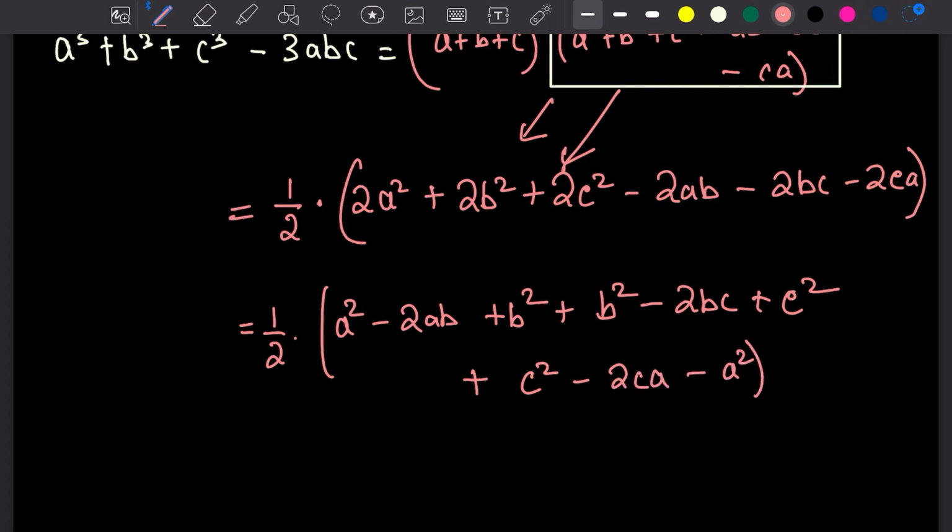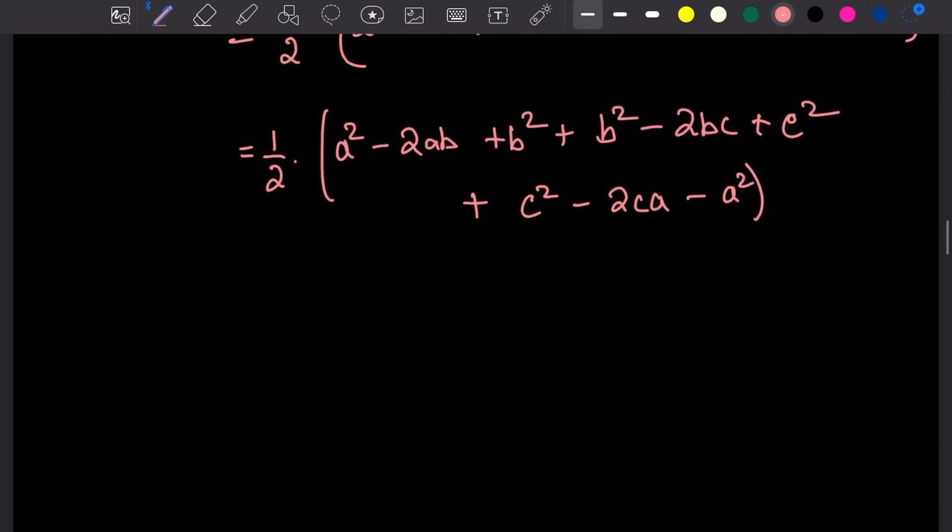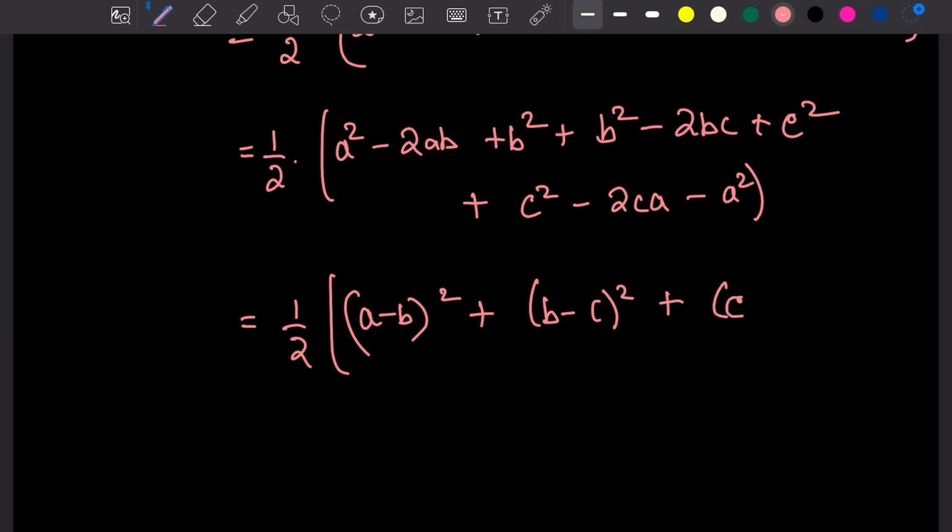Okay. So what is this? This is simply half times (a minus b) whole squared plus (b minus c) whole squared plus (c minus a) whole squared. That means this is a sum of squares, right? This is a sum of squares.